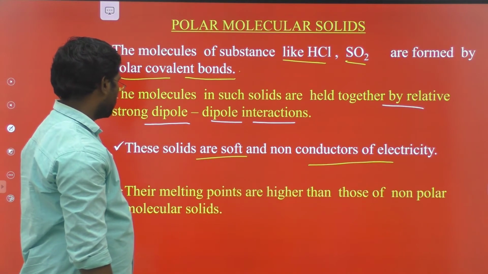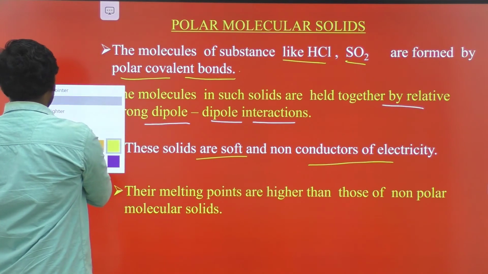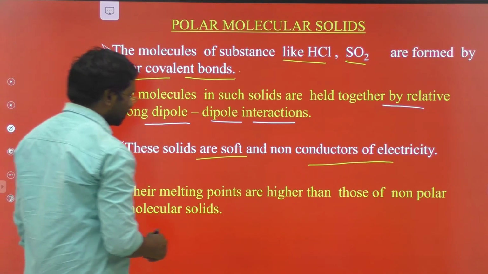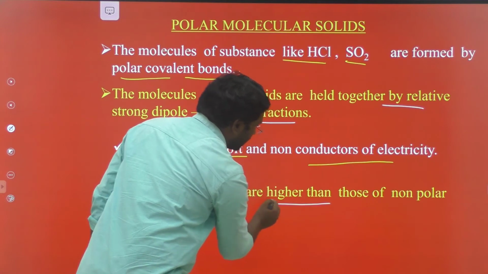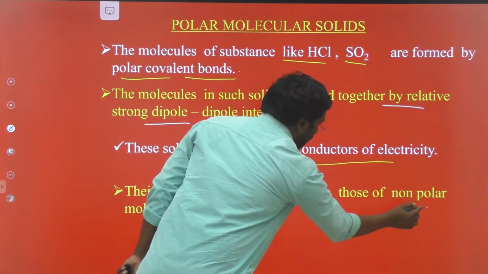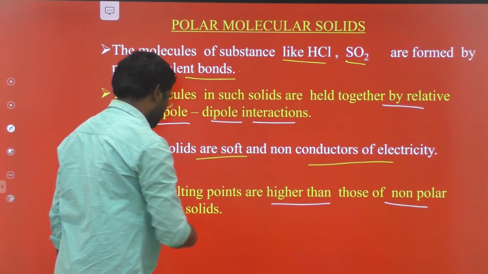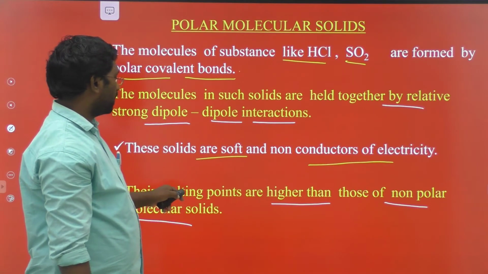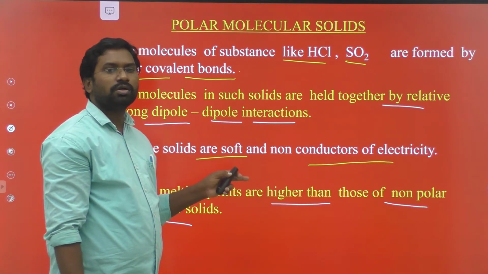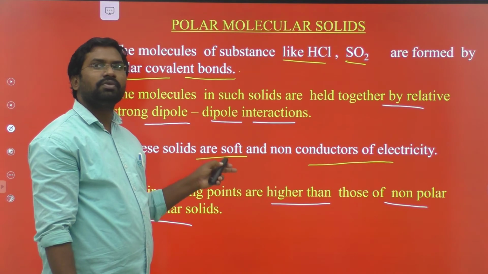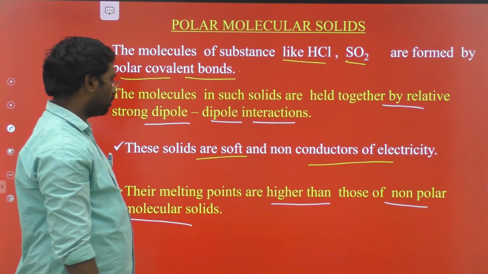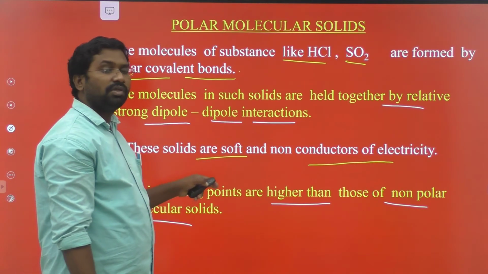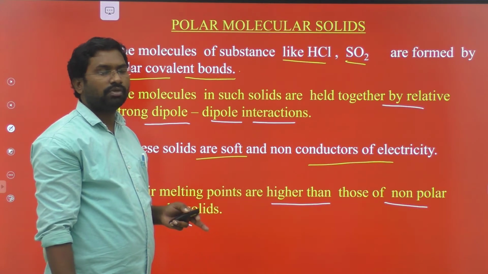Coming to the melting points of polar molecular solids: their melting points are very high compared with non-polar molecular solids, because of the nature of the bond.